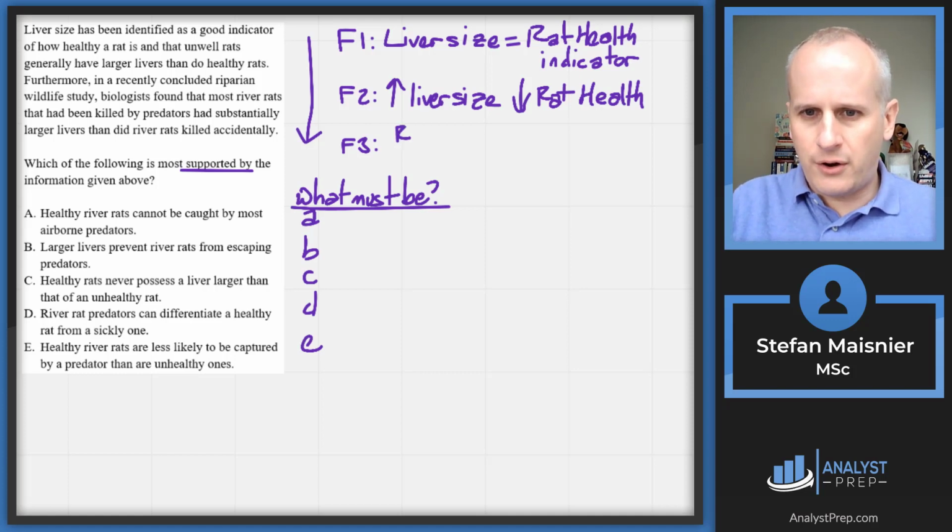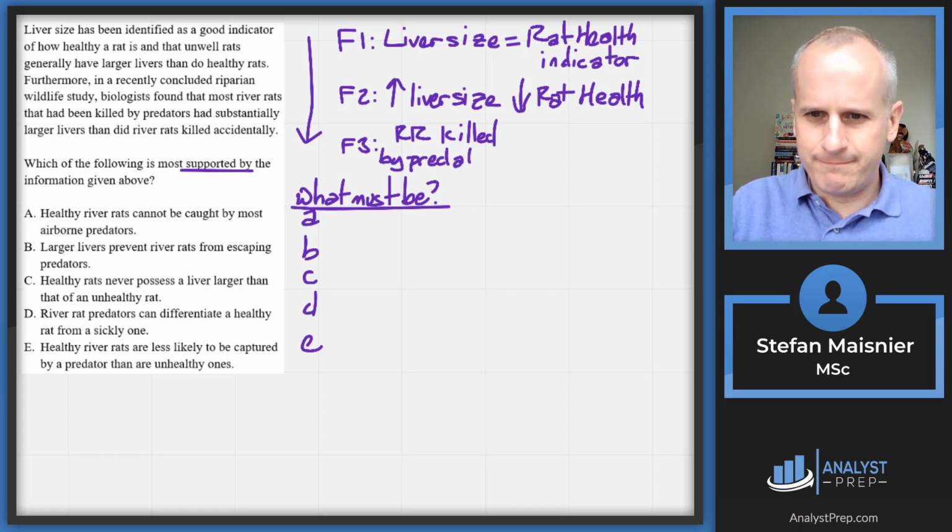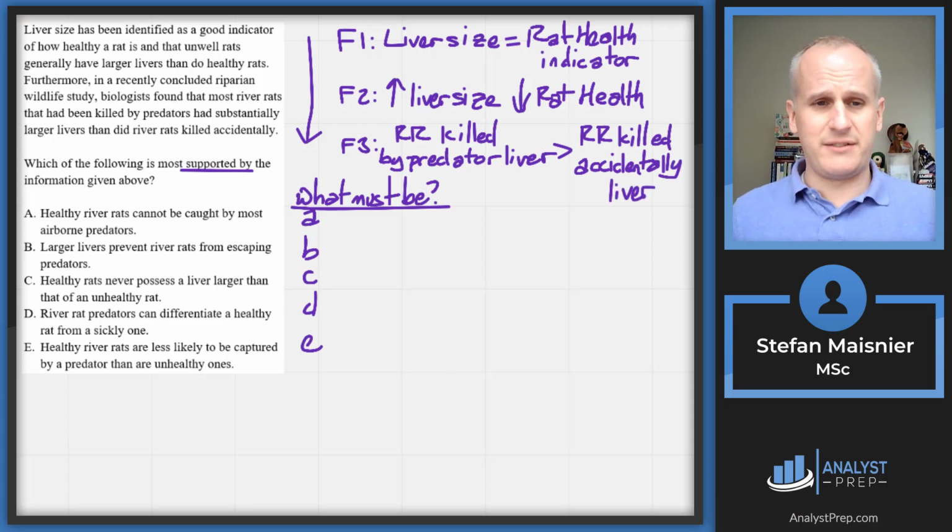So, RR for river rat killed by predator liver is greater than RR killed accidentally liver. So again, just have a nice simple, almost algebraic inequality for this.